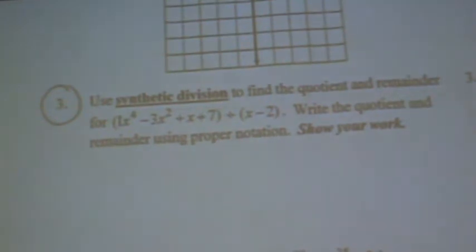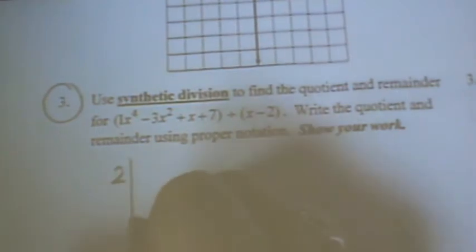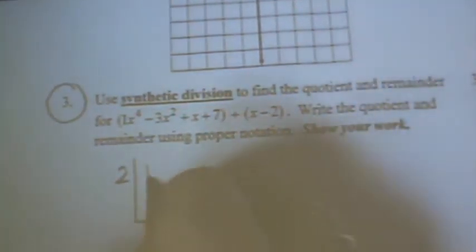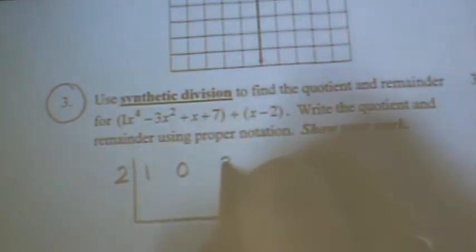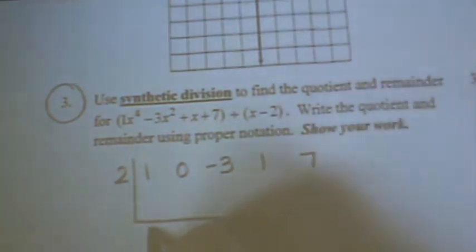Do you remember how to find the quotient and the remainder? How do you do this? Okay, so you do x minus 2. So you take the opposite of that, positive 2. Draw that thing. Then you're going to put 1, 0, because you have to fill in the space for x, 2, negative 3, 1, and 7. Then you're going to bring that number 1 down.